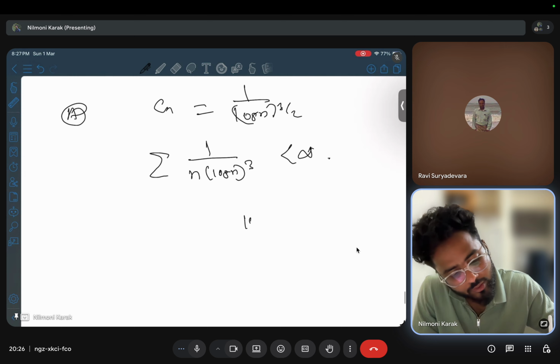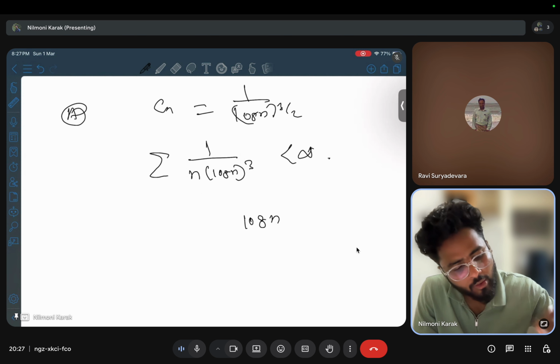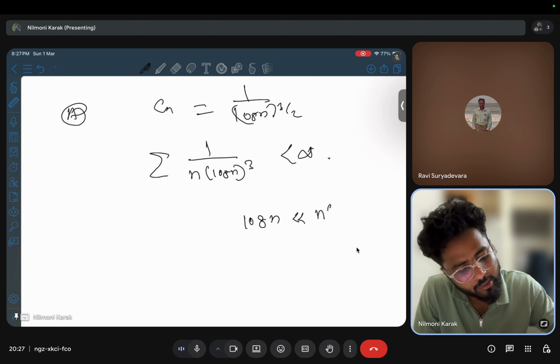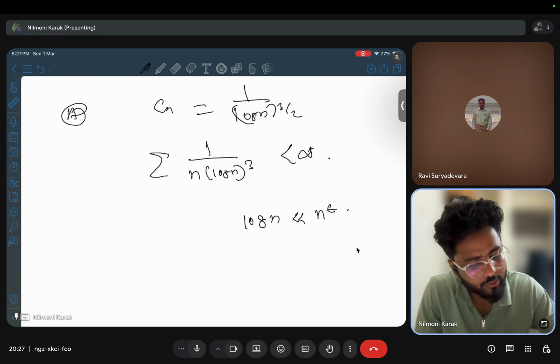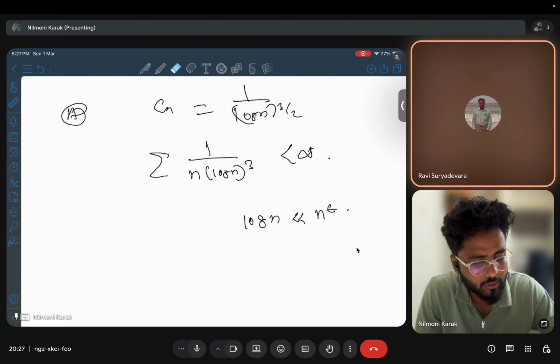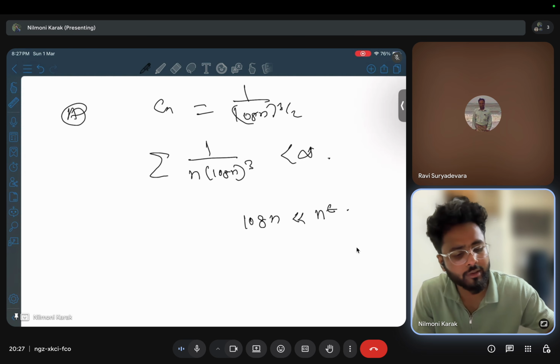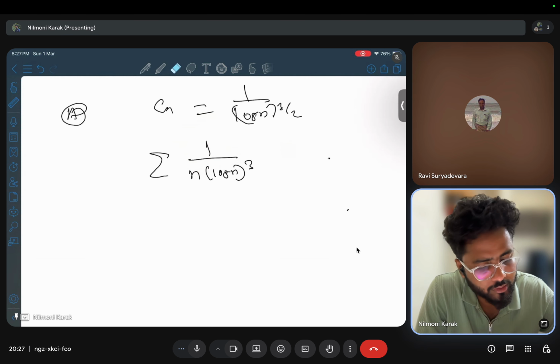Because log n you can bound by some constant times n to the power epsilon. Ah no, this is not convergent actually.